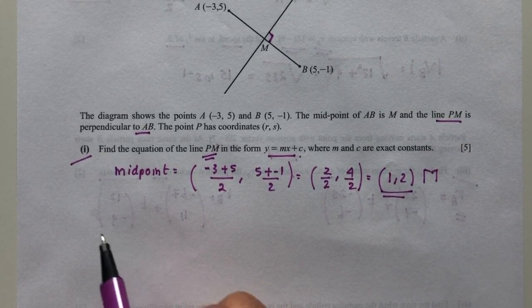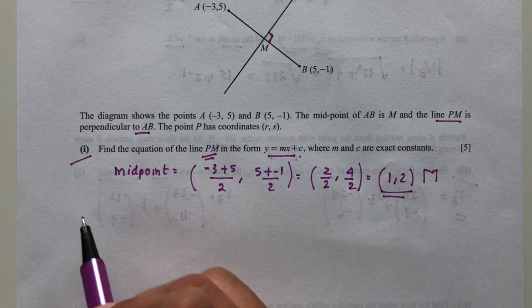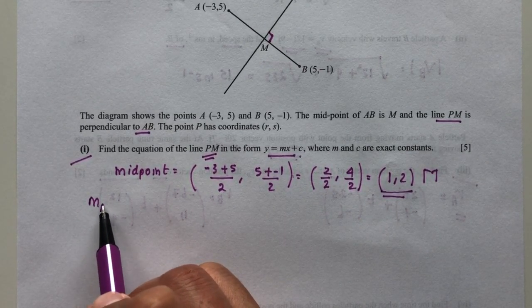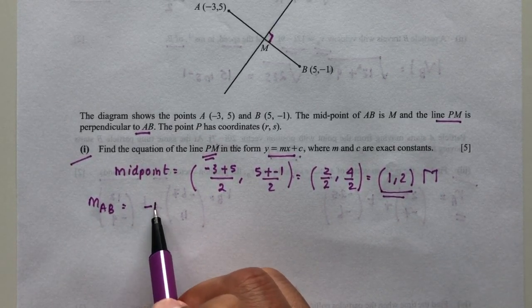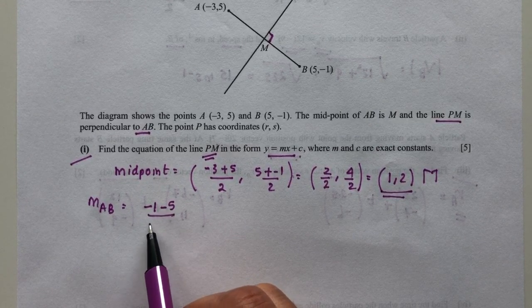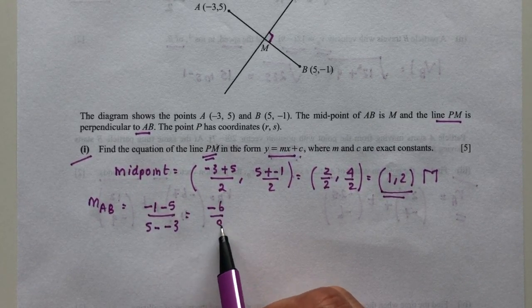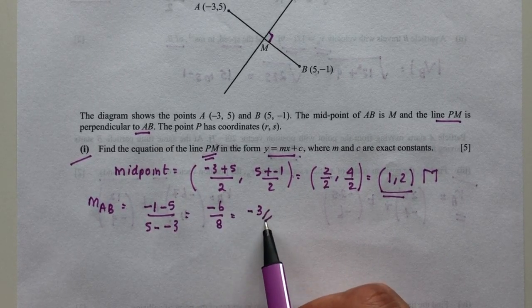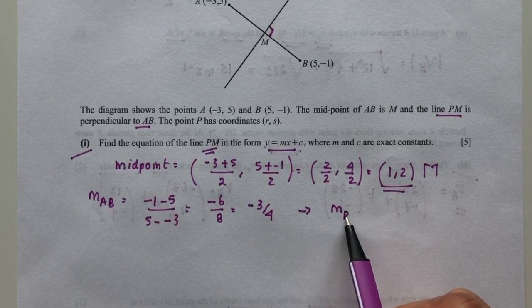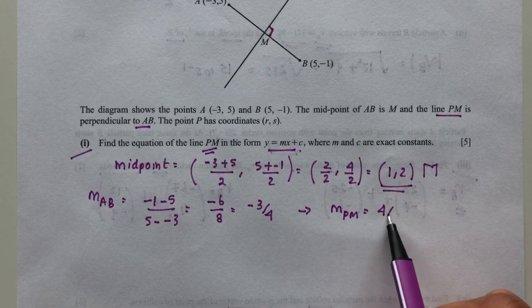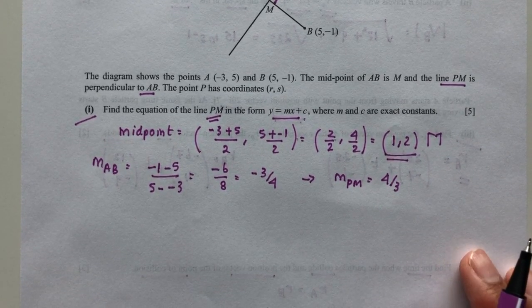Now, you have to find the gradient of PM to find the equation of line. So we first have to find the gradient of AB. Again, we have to use the formula y2 minus y1 over x2 minus x1. Minus 6 over 8, that will be minus 3 over 4. Now from this we can find the gradient of PM. That will be 4 over 3. Now using the point and the gradient, we can find the equation of line.